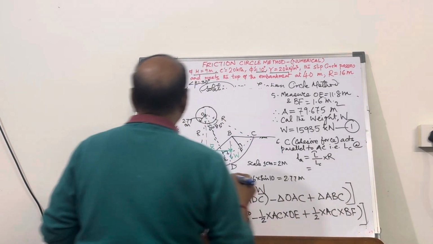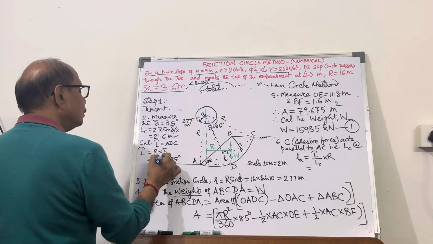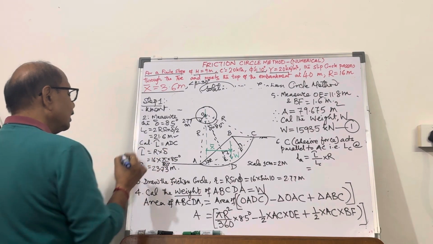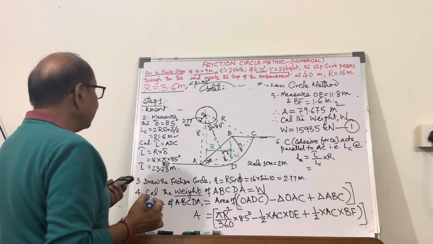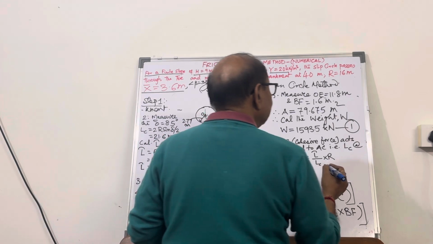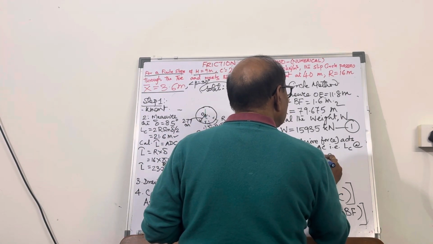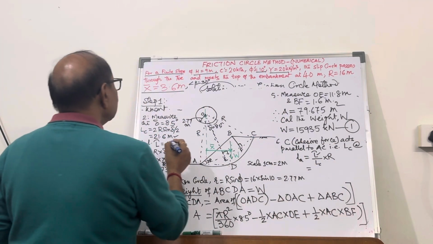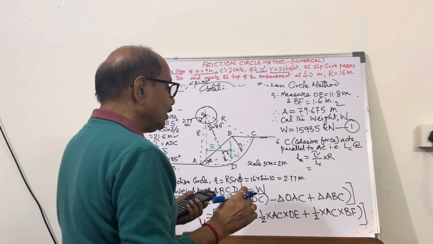Now, already you know the length of the arc is 23.73 meter. So, this is known. Length of the chord is 21.6 meter.